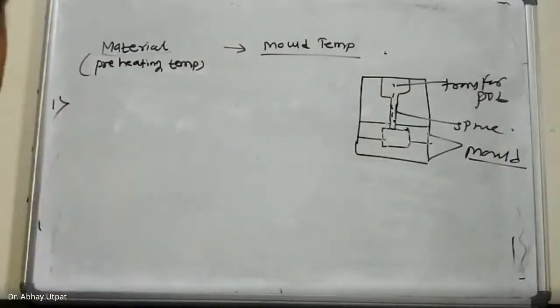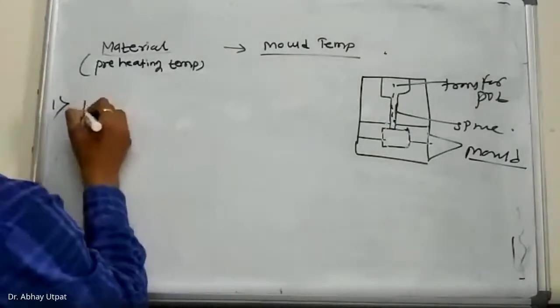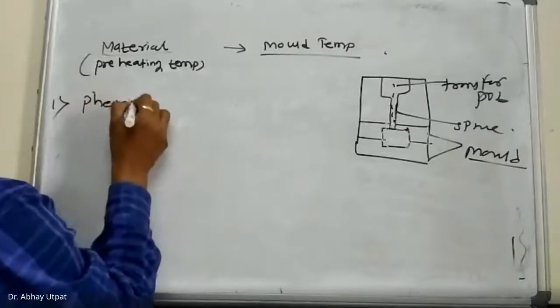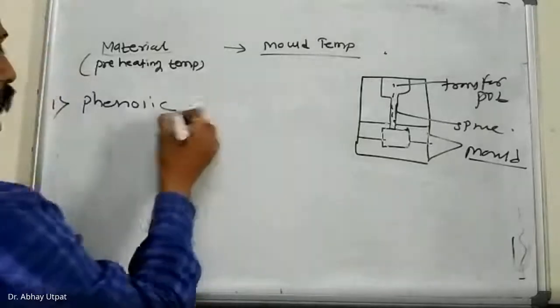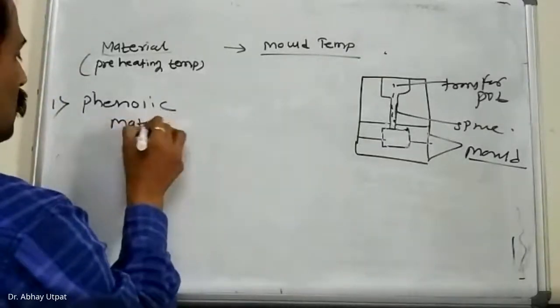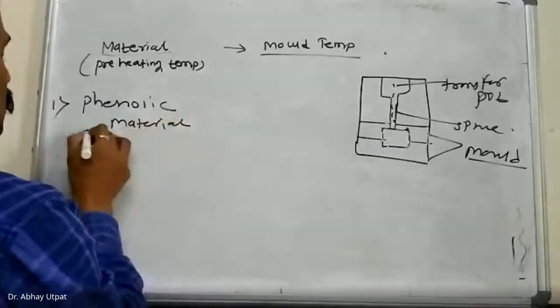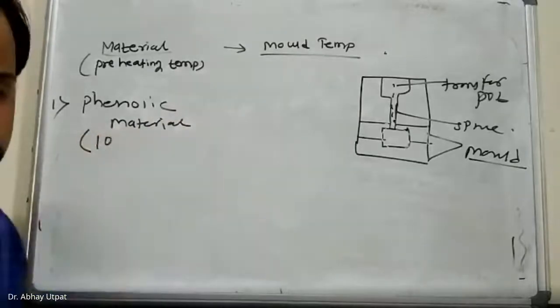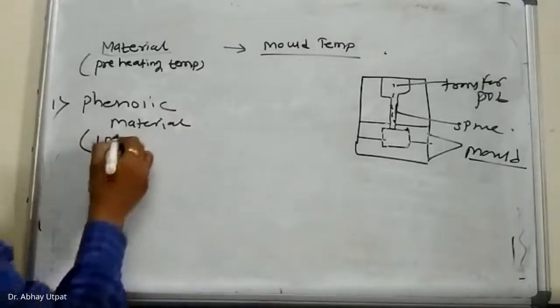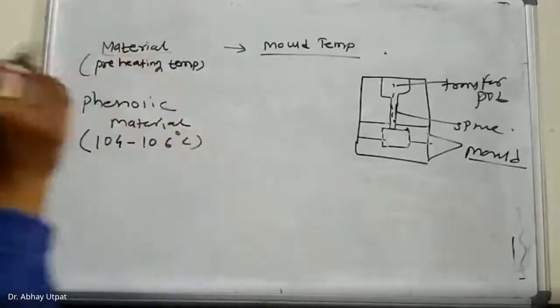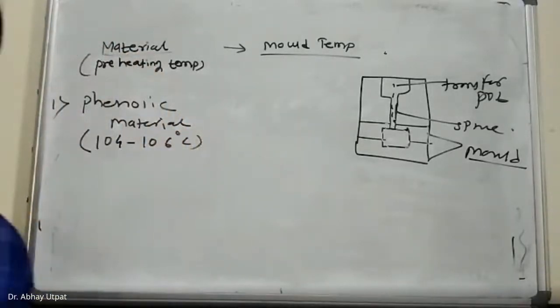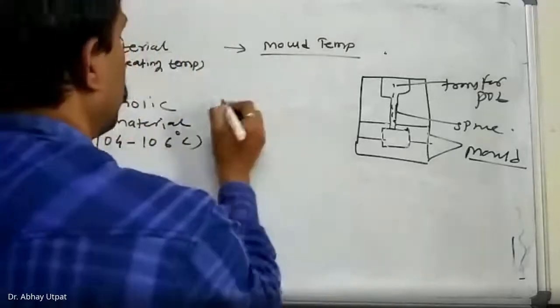First material is phenolic. Its temperature is 104 to 106, in brackets, preheating temperature. For that, mold should be maintained at 165 to 182.